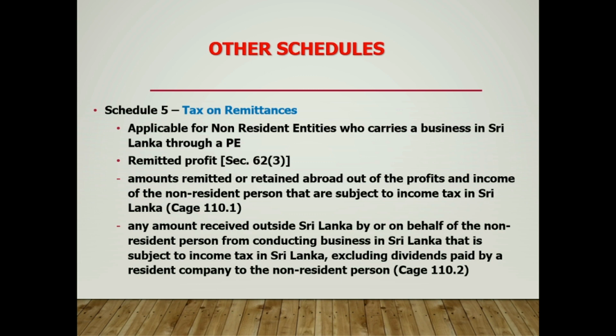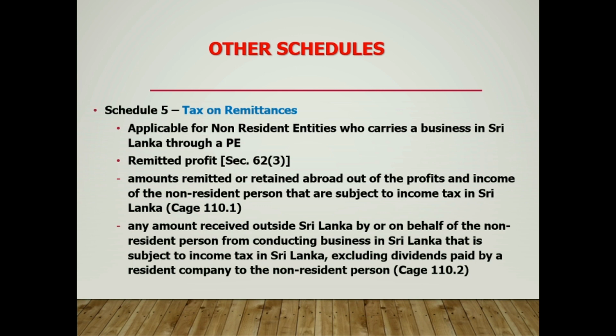So those amounts you have to enter in cage 110.1. Any amount received outside Sri Lanka by or on behalf of the non-resident person from conducting business in Sri Lanka that is subject to income tax in Sri Lanka, excluding dividends paid by a resident company to the non-resident person, also forms part of the remitted profit.